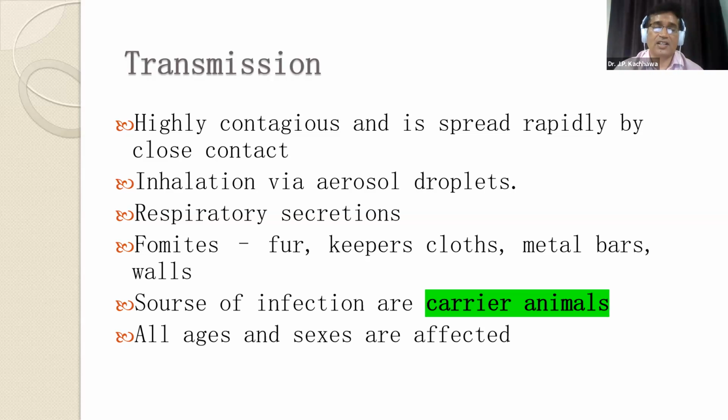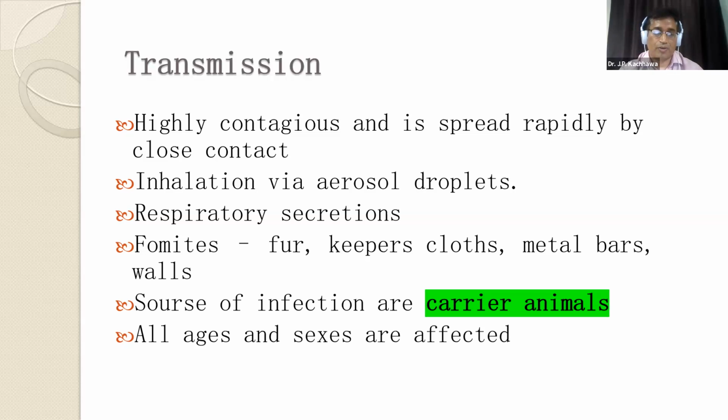If these droplets containing the organism are inhaled by healthy animals, there is a chance of getting the infection. The respiratory secretions are purulent to mucopurulent or serous discharges of the infected animal. If a healthy animal comes in contact, it can get the infection.